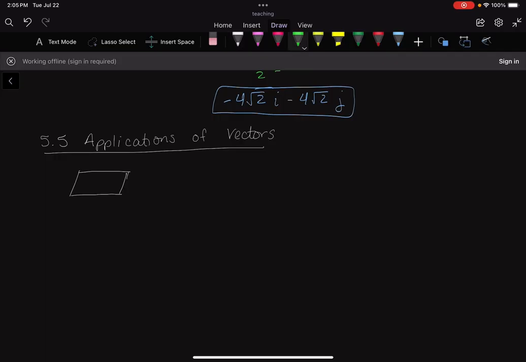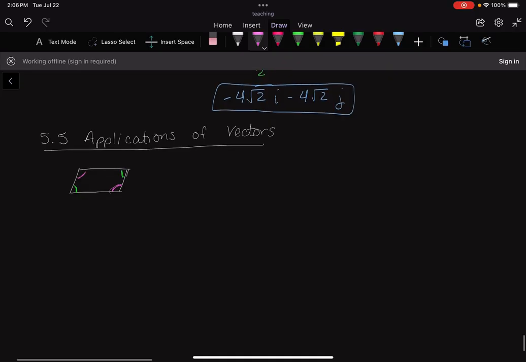One, in a parallelogram, opposite angles are equivalent to each other. So those are the same, the ones that are opposite. Opposite sides are also the same. Not only are they the same length, but they're also going to be parallel with each other.